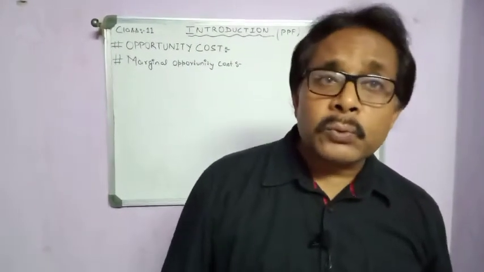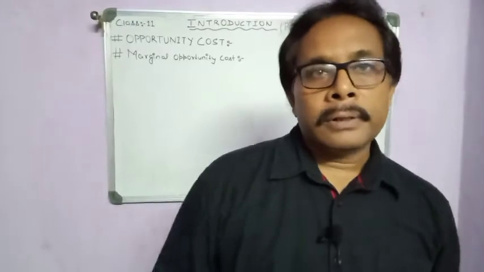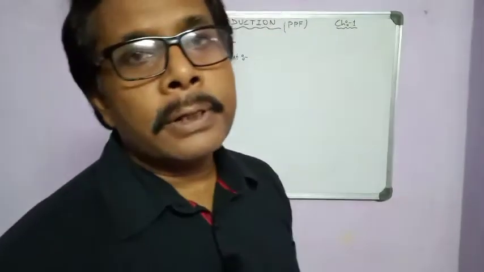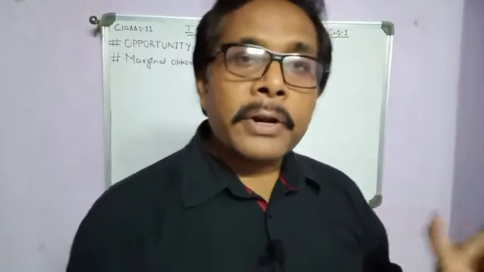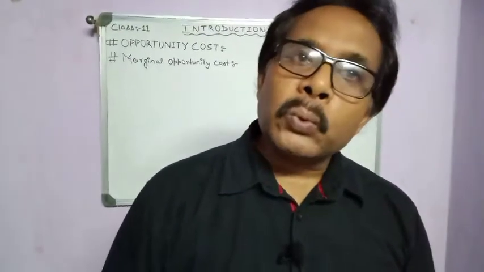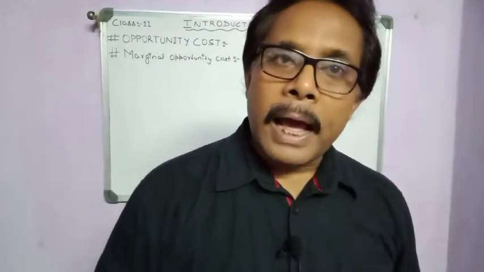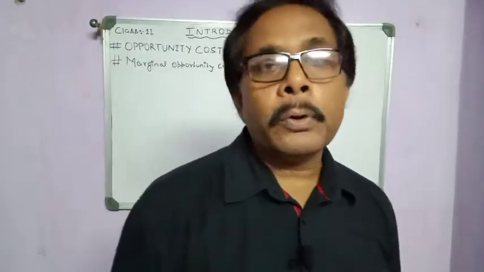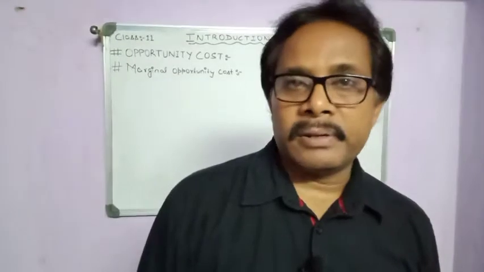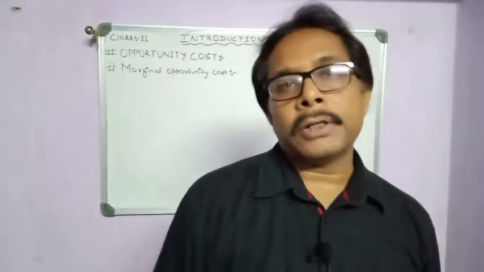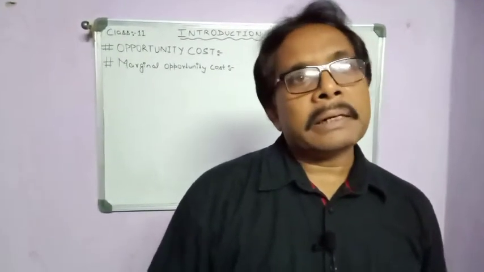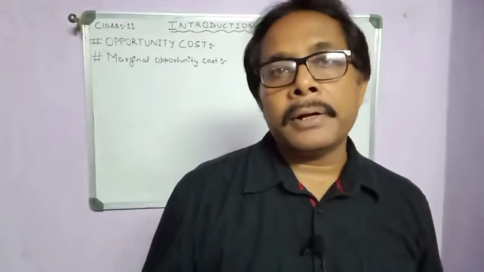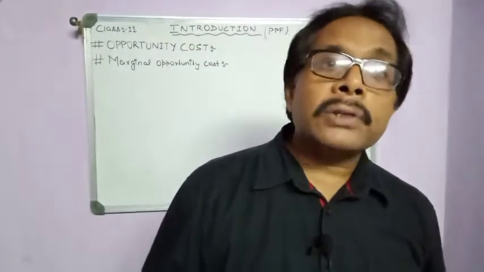So why did this situation occur? We have already discussed in the central problem that our resources are limited, and due to the limited resources we have to make a choice. That is why it is said that economics deals with choice, and after the choice, people fulfill their needs.